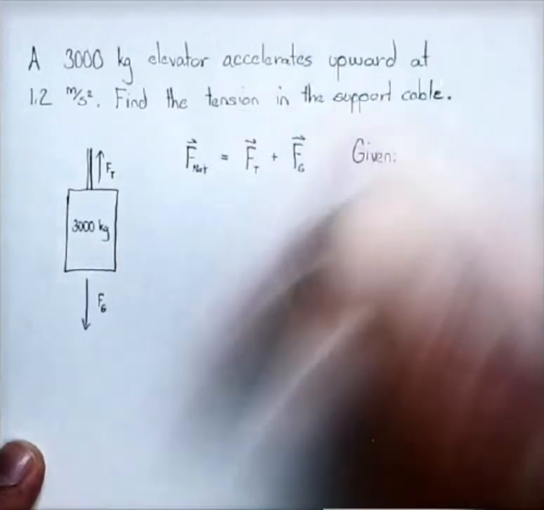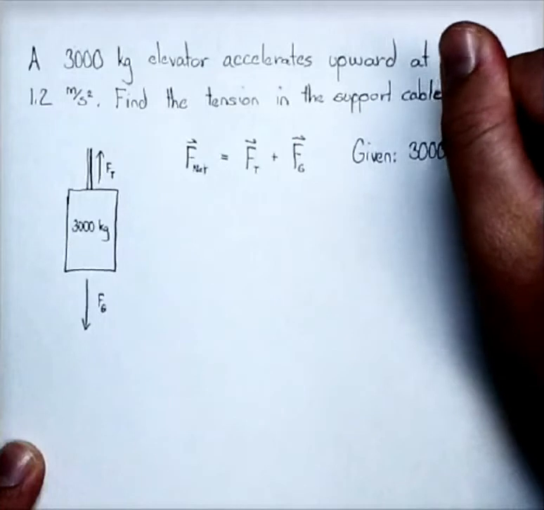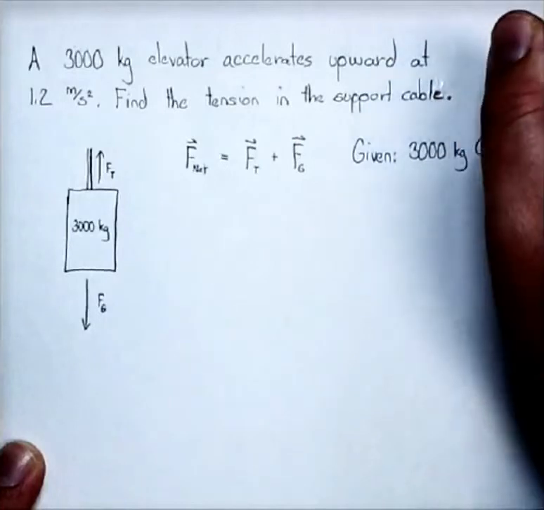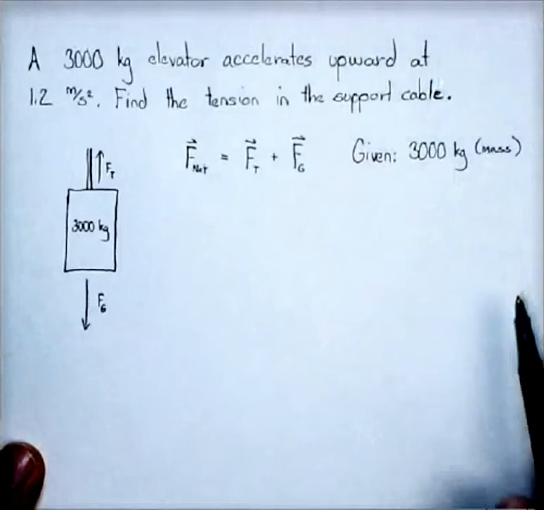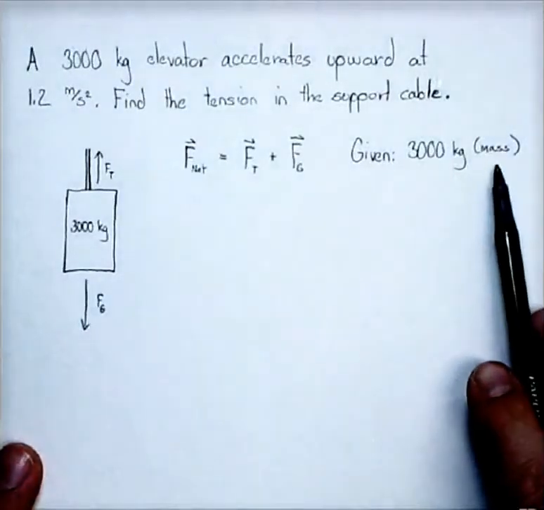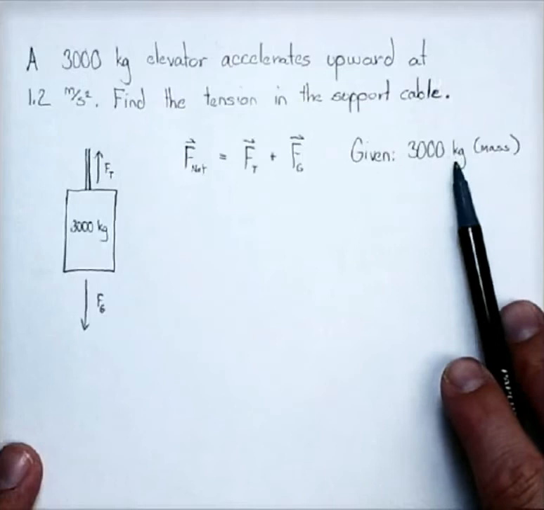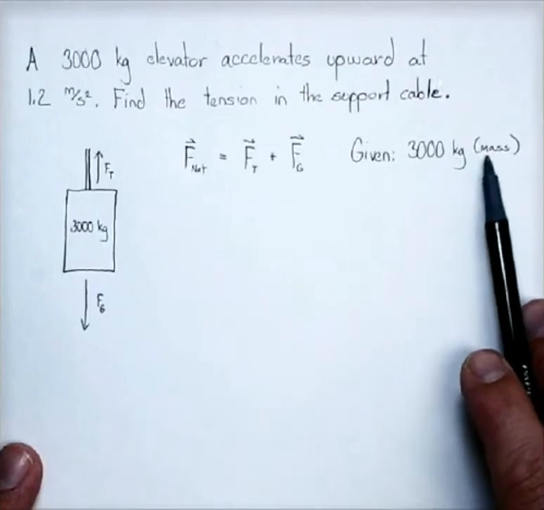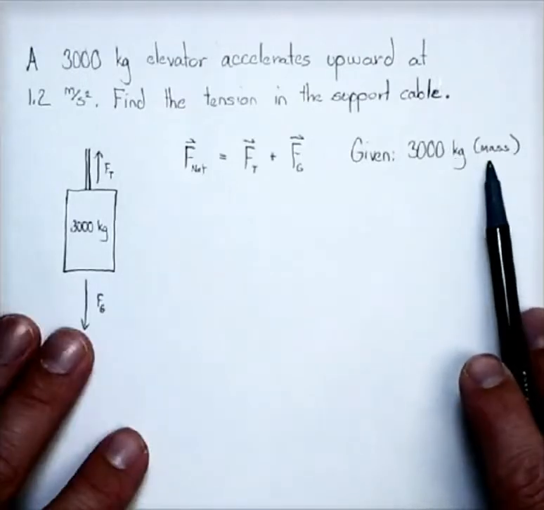What are we given? We're given a mass, 3,000 kilograms. And I'm writing mass here. I suggest that as you start out, you write what that is. Hopefully, you're starting to see by this point that you can use the units to determine the type of quantity. This is kilograms. It means it must be a mass.